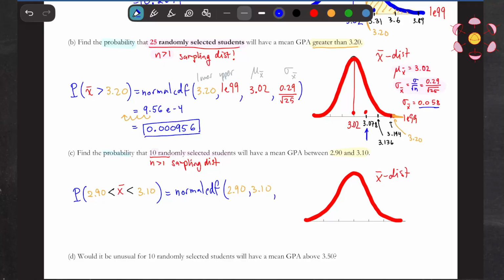Now, because we know we're dealing with the sampling distribution, we're going to need to do mu of x bar and sigma of x bar. But remember, we've got a different sample size n here. Our n is 10 now. All of the means of the x bars are the same as the population, so we're going to put 3.02, just like before.